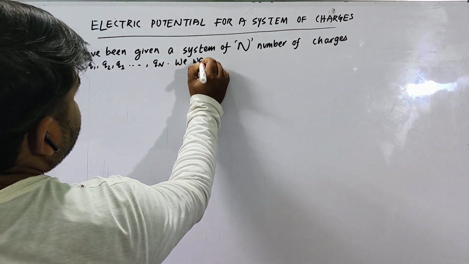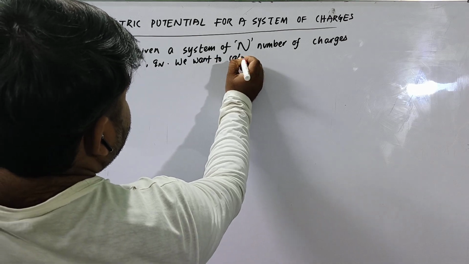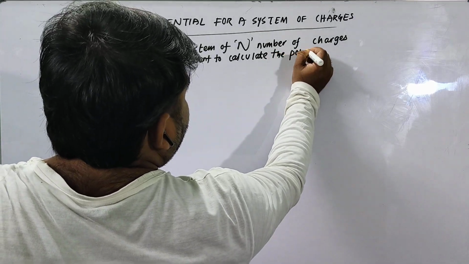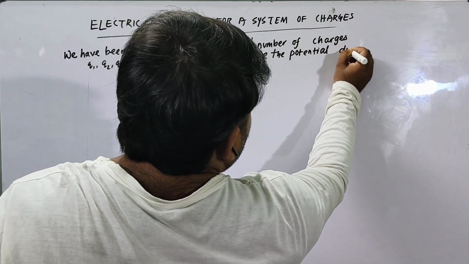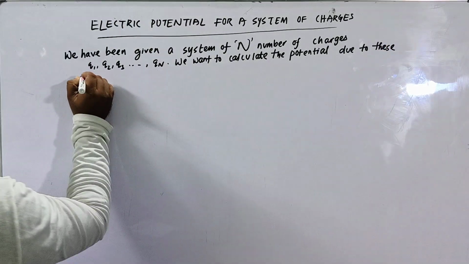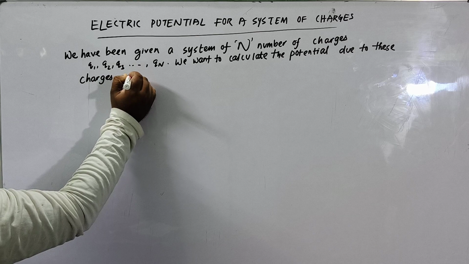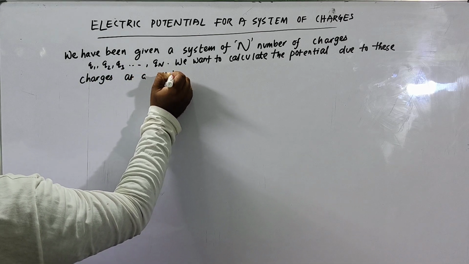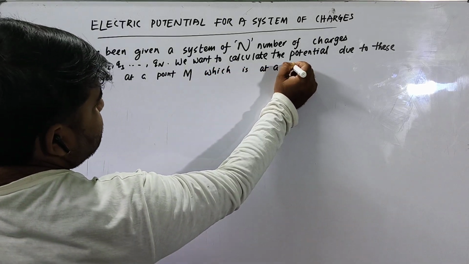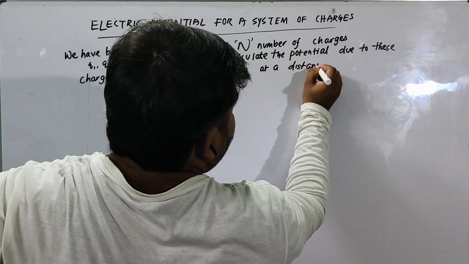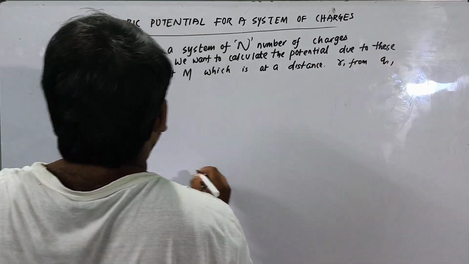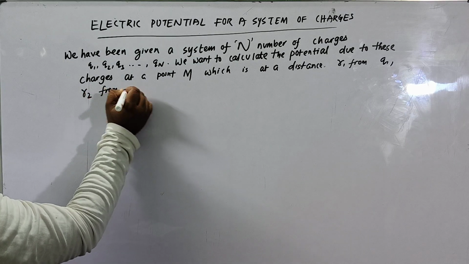We want to calculate the potential due to these charges at a point M, which is at a distance r1 from Q1, similarly r2 from Q2.